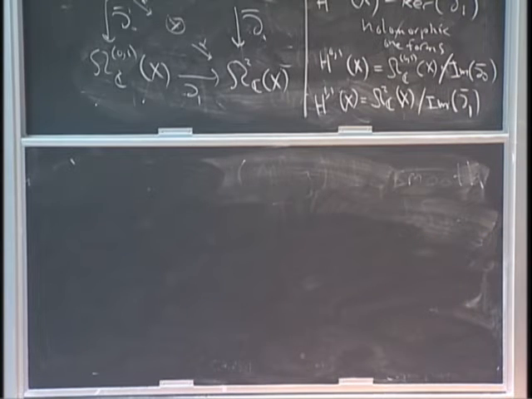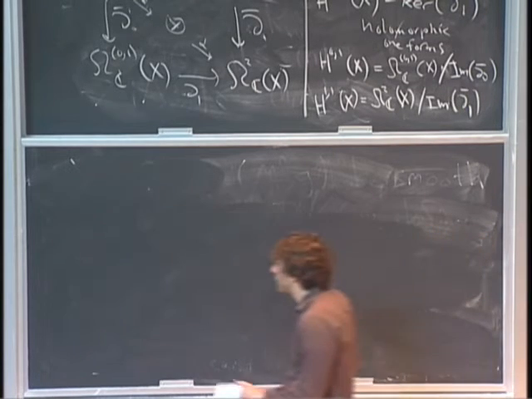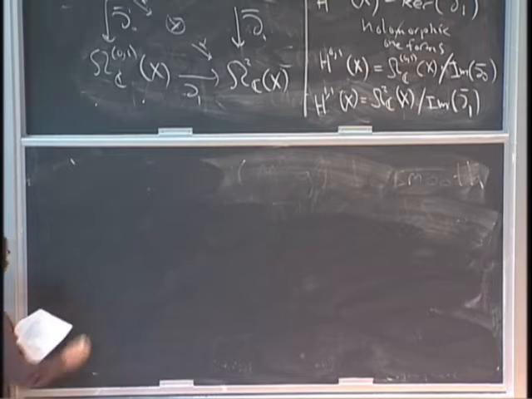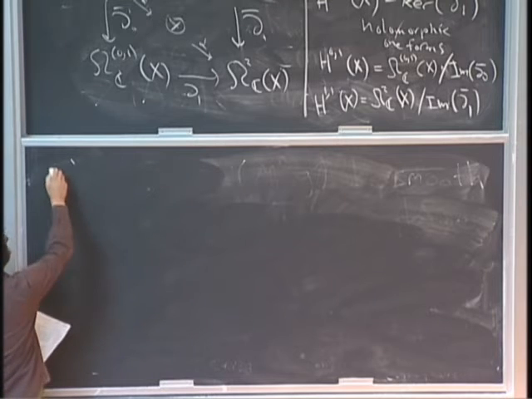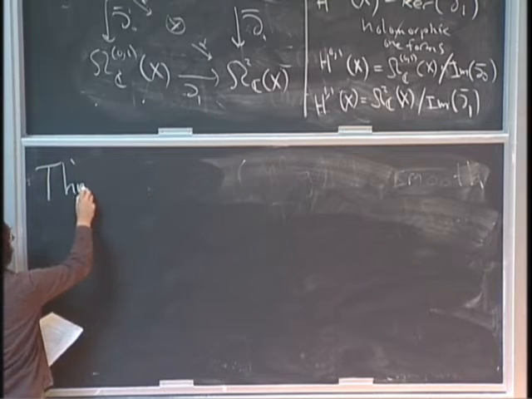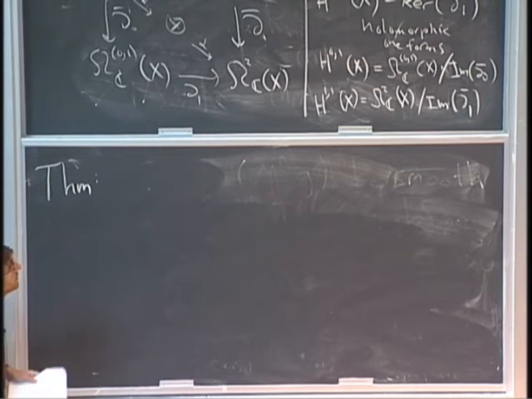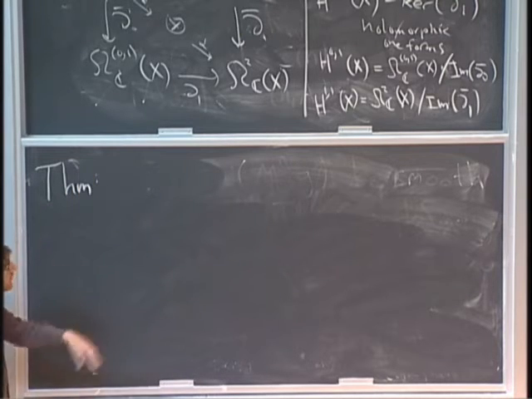Then the last two days, I'll switch gears and talk about minimal surfaces and how they relate to everything we've done before. To prove this, we need the following theorem, which is highly non-trivial. Unlike everything we've done before, which is geometric and almost algebraic in a certain sense, this is truly analytic.